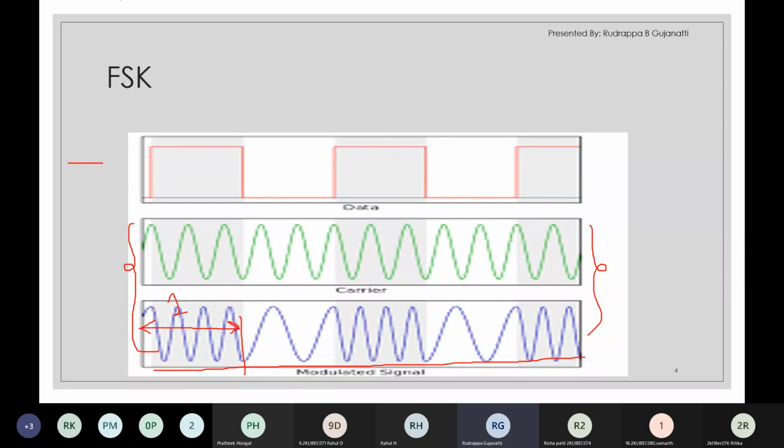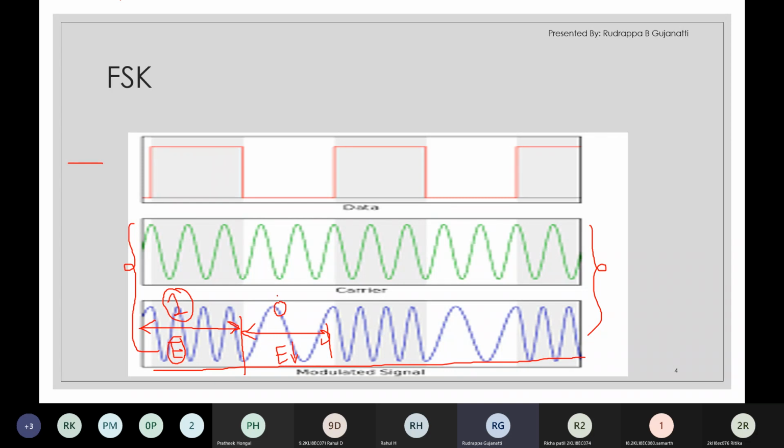Indirectly, what they are specifying is that if the energy content in the given bit period is higher because the frequency is higher, then we detect a logic 1. And if it is a low frequency signal, the energy is below some critical value, and this will be considered as a logic 0 at the receiver end.